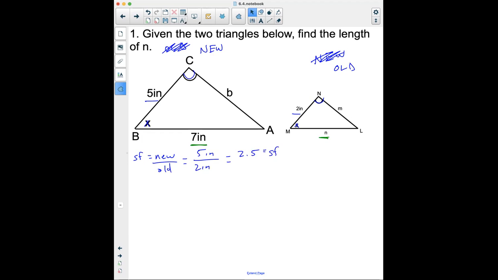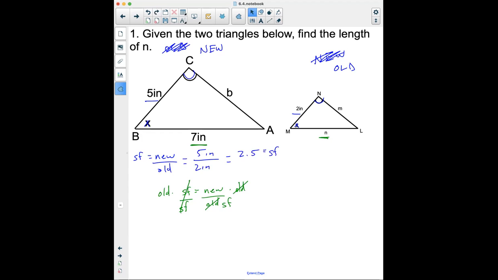Let's do a little bit of algebra here. Scale factor is equal to new divided by old. We are solving for old, n, so we'll multiply both sides by old. Anything divided by itself cancels, and we need to divide by scale factor to get old all by itself.